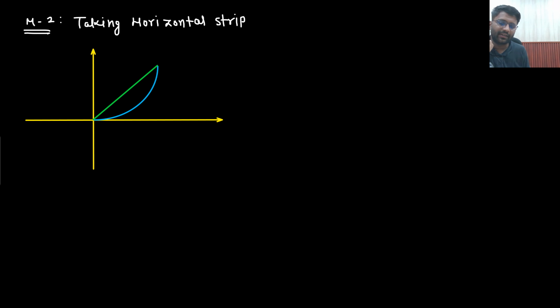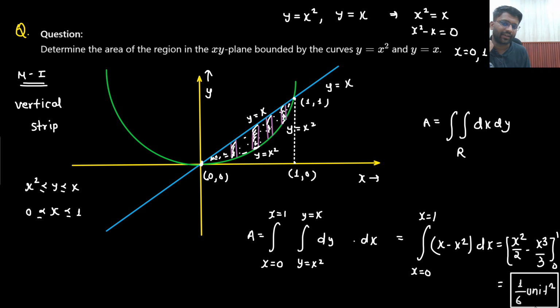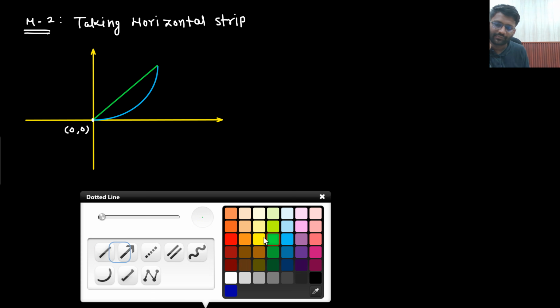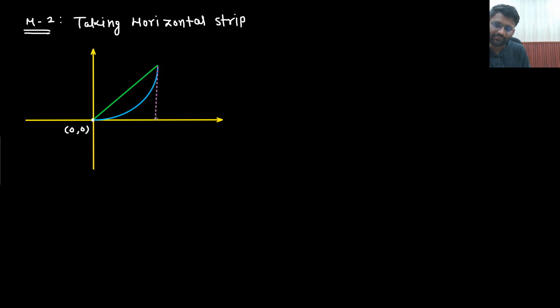Only the shaded area I am making, okay? Only the shaded area I am making. So this point is 0, 0 and this point is 1, 1.